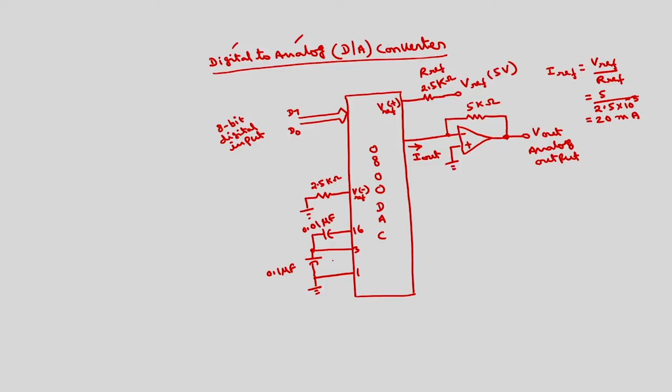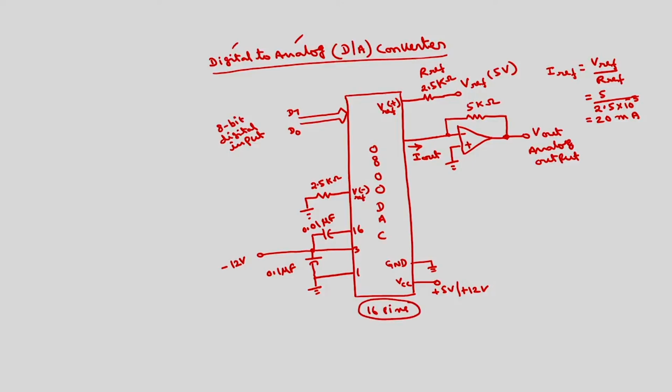These are basically used for removing the noise, and here this will be given to minus 12 volts. And we require a VCC and ground. So this is the VCC pin, this is the ground pin. VCC can be plus 5 volts or plus 12 volts. This is totally a 16 pin IC. There are total 16 pins.